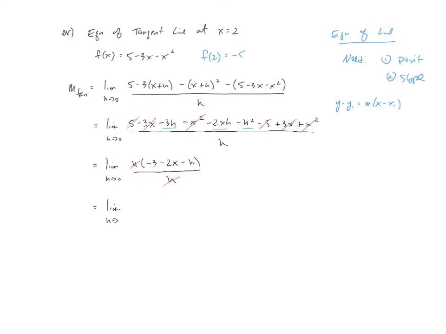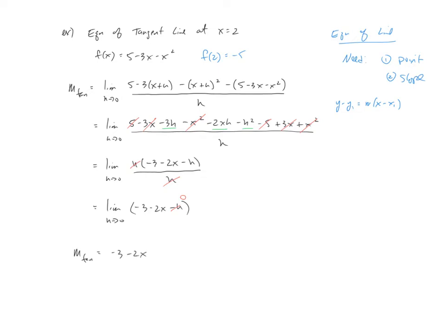And now for my last step here. When I now have everything simplified down, I'm going to take my h going to 0, and every place I see an h, plug in a 0. So this guy right here goes off to 0, and it leaves us now with our m tan of negative 3 minus 2x.